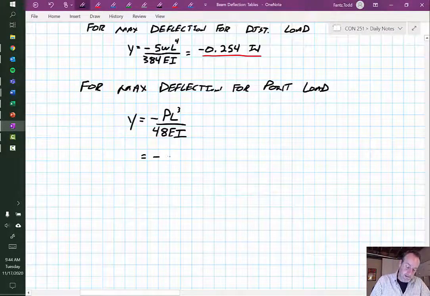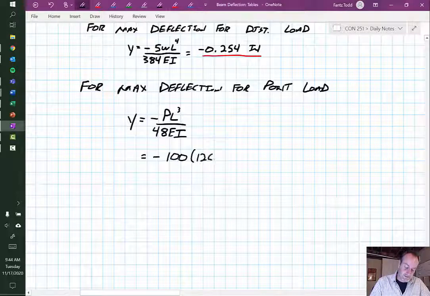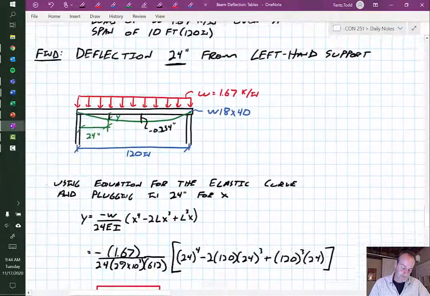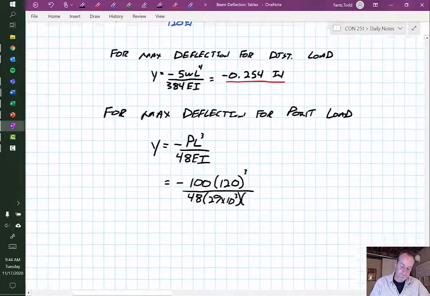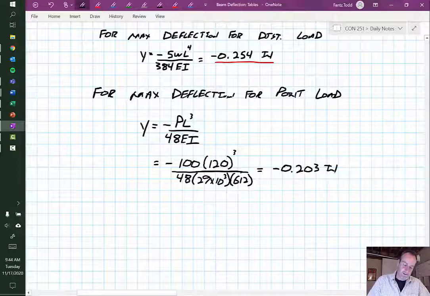Big numbers, right? Minus 100. I'm going to get a little sloppy with my units because I know I'm in kips and inches again. The length is still 120. It's in inches. Cubing that, divided by 48. E value, we said it was 29 times 10 to the third. We have the same I-beam, so the same I value, 612. And plugging all that in, I end up with something like minus 0.203 inches.